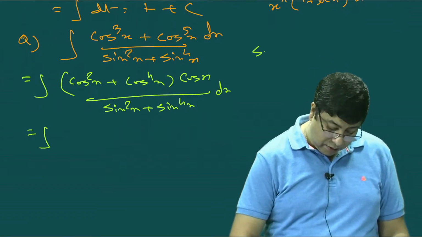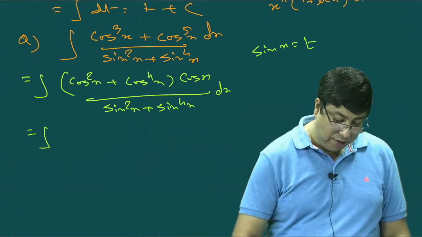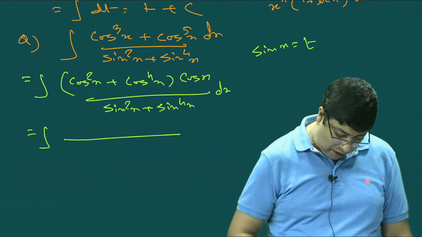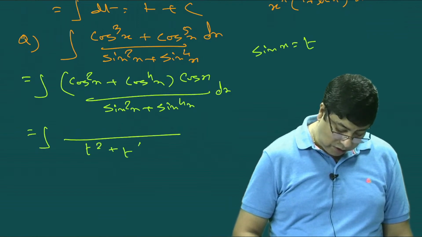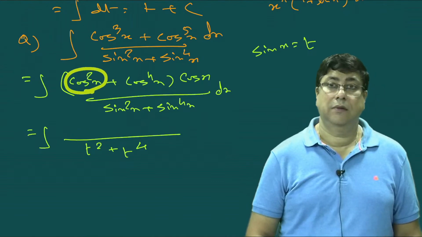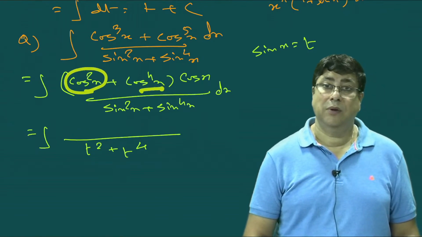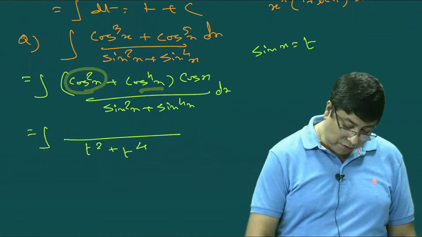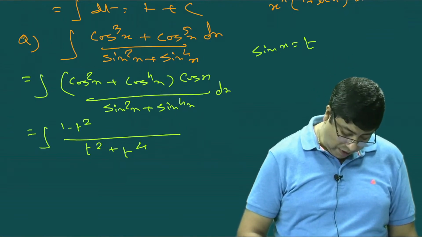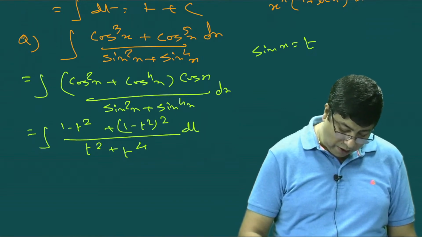If I take sin x equal to t, then we get t square plus t to the power 4. Here cos square is 1 minus sin square, so 1 minus t square. So sin square whole, 1 minus sin square whole square, is 1 minus t square whole square. So directly we can write this as 1 minus t square plus 1 minus t square whole square, dt.